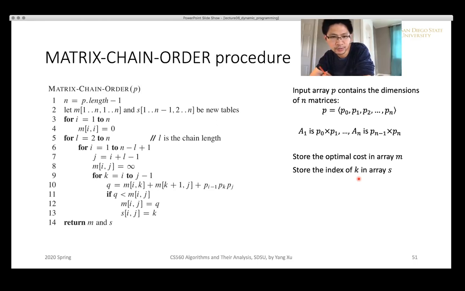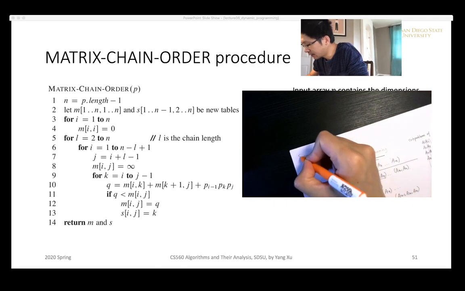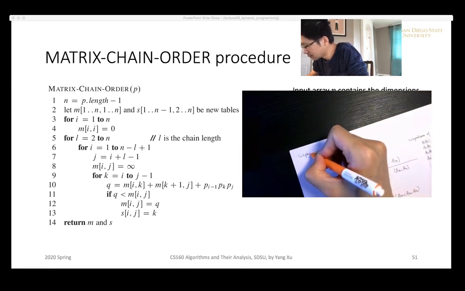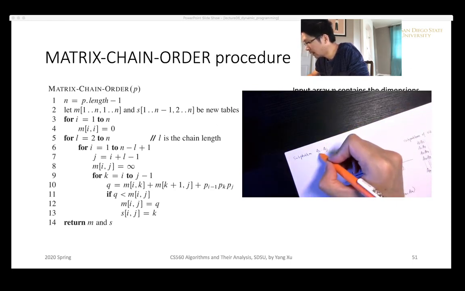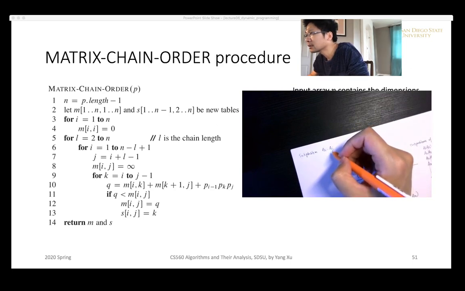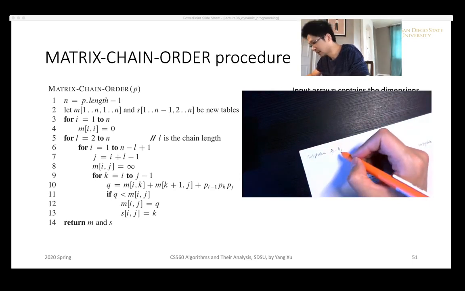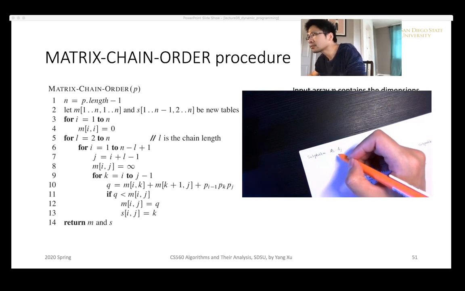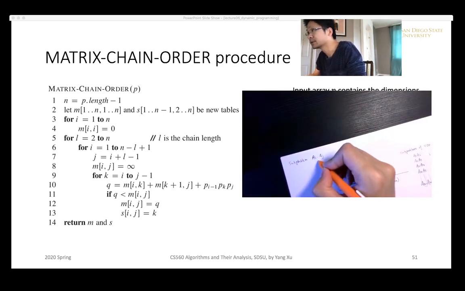So for example, when you solve the subproblem from AI to AJ, where I and J are the indices, when you return the solution, we not only want to know how many scalar multiplications we needed, but also where we do the split.